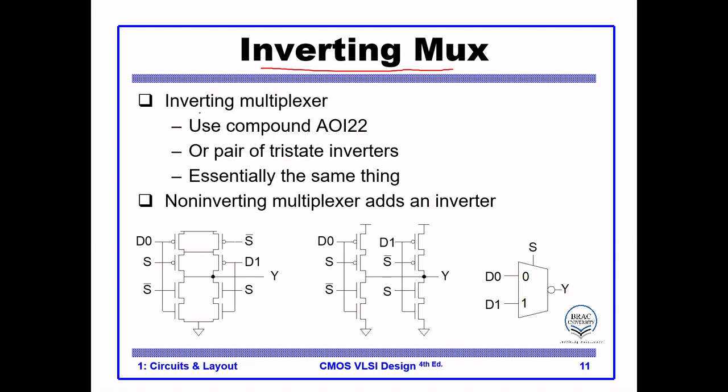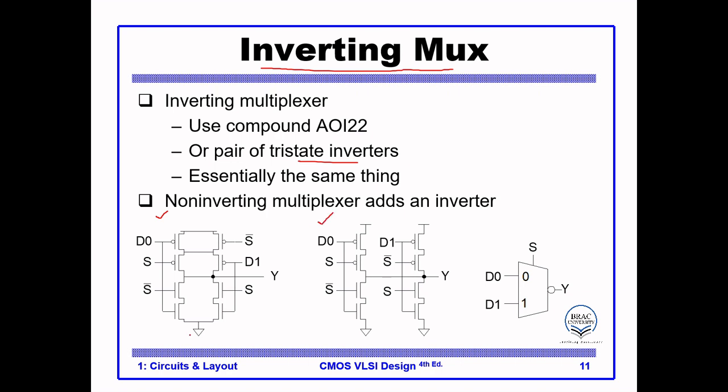An inverting multiplexer uses compound AOI22 gates or a pair of tri-state inverters, essentially the same thing. So what we do is we connect our circuit like this or this.